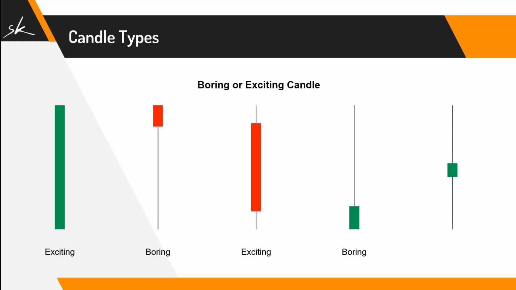In the last example, we again take the body range and the candle range, and compare the body range with 50% of the candle range. Since it is less than 50%, we will call it a boring candle.